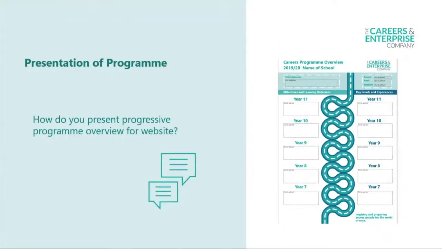There is an expectation in government guidelines and statutory guidance that you will present a summary of your programme. I'm really interested to hear from you all how you currently do this. I've seen lots of different examples of descriptive paragraphs per key stage, some bullet points. We've also seen in previous chats on different modules that some careers leaders have developed a learner journey.